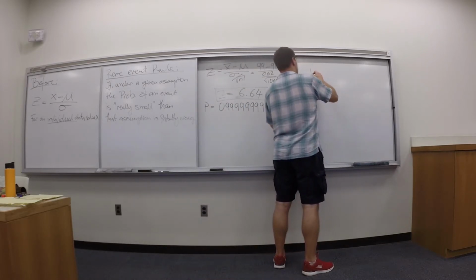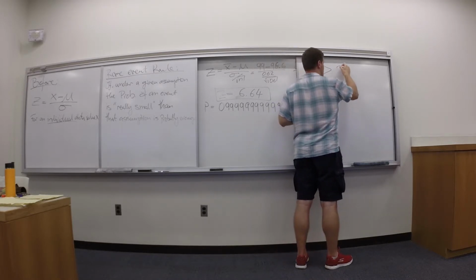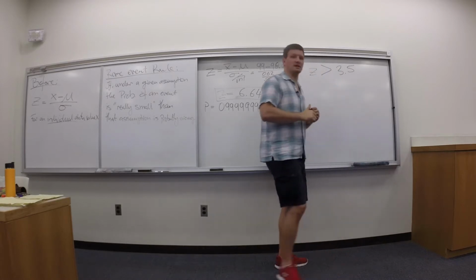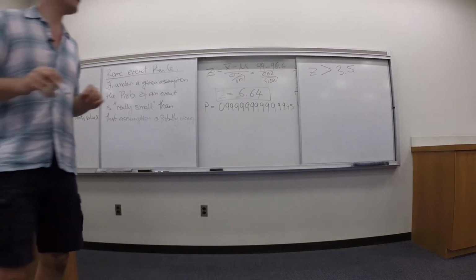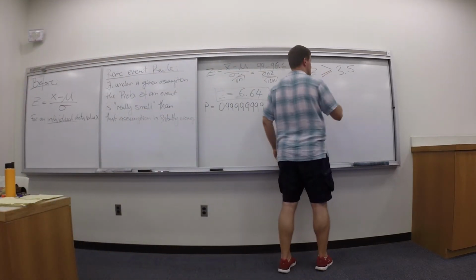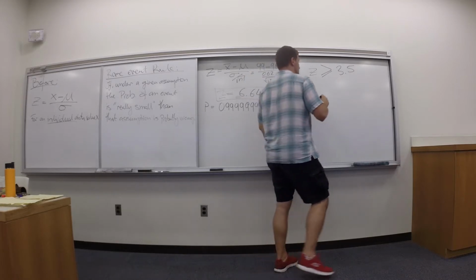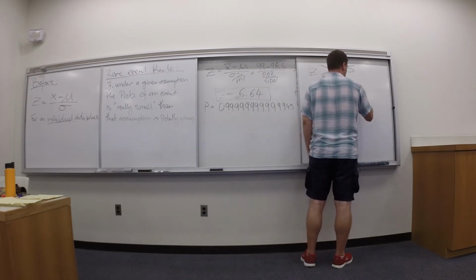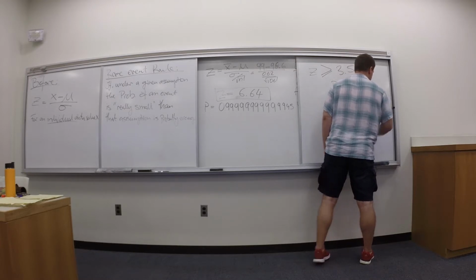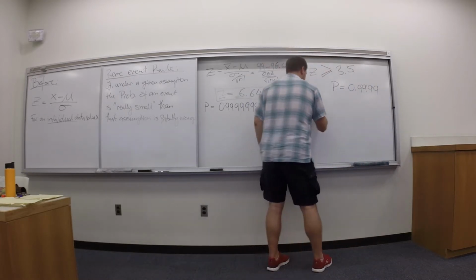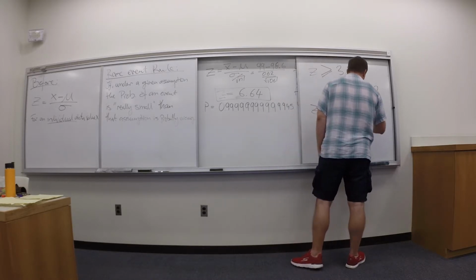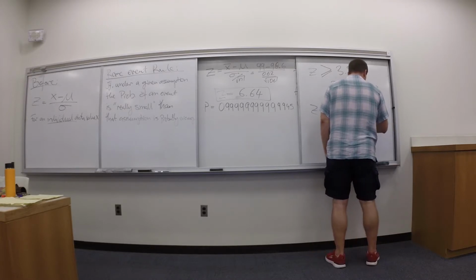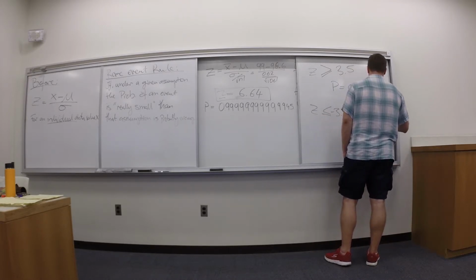If you have a z-score bigger than 3.5, because 3.5, or 3.49, you have on your table, then write this: say that the probability equals 0.9999. If you have a z-score smaller than or equal to negative 3.5, then say the probability equals 0.0001.